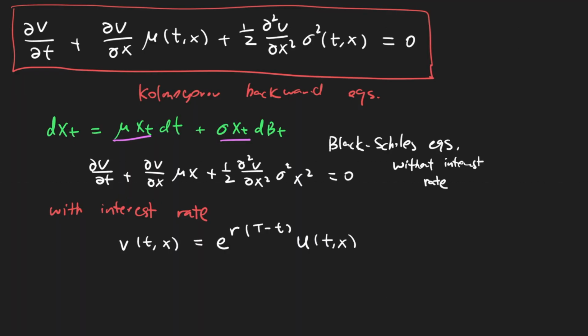So basically the idea is that our option price today equals to the expectation of future payoff, and we need to multiply that by a discount factor.